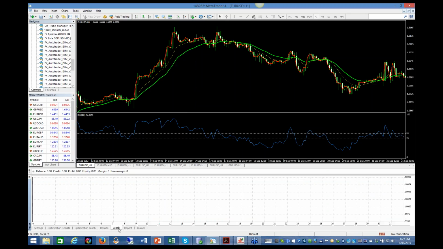So we can now look at graphs and see how we go. Okay, so far a little bit of profit. So what we've done in this particular set, we said we're not going to use that indicator anymore, and we're going to rely on our take profit and our stop loss setting for that.